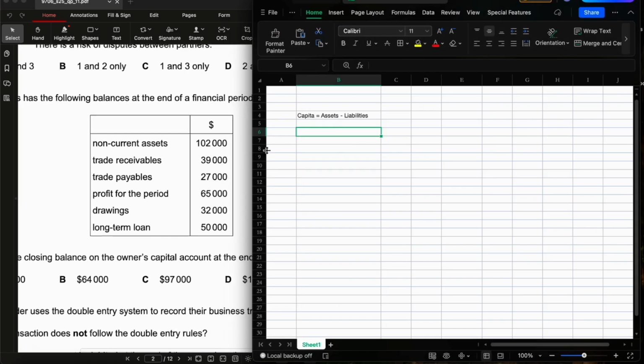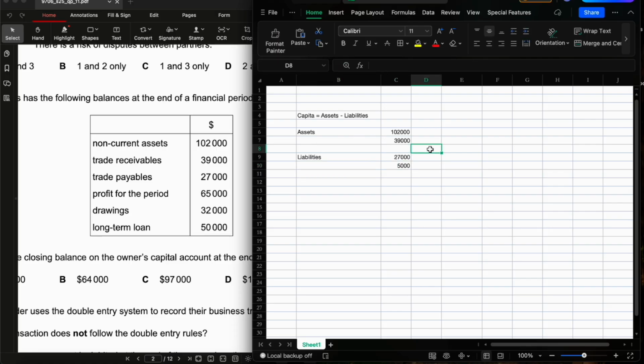We have assets. So here assets that we have is 102,000. Another asset we have is 39,000. Okay, and then trade payable is liability. So I'll just write down the liabilities here. Liabilities 27,000. And the profit we don't take it, drawings we don't take it, long-term loan is also a liability, so 50,000.